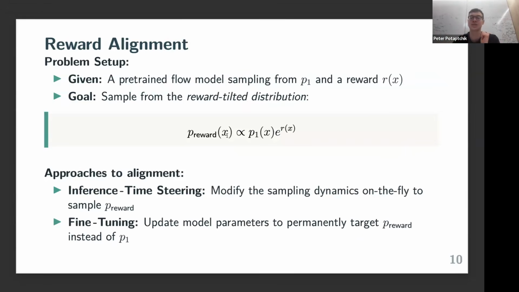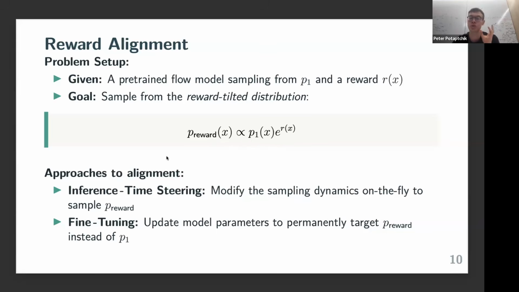Our goal, instead of sampling from the data distribution like our original model did, is to sample from this reward tilted distribution: areas where there's high density under the data distribution, but also where the reward function scores highly. We formalize this as trying to sample from P reward of X, proportional to this distribution.